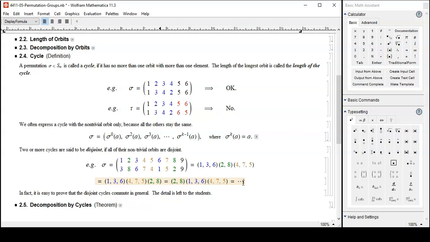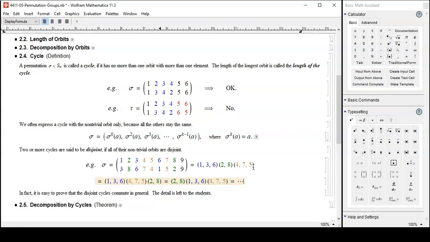Yeah, we discussed those. Now what we are going to do next is show that every permutation can be decomposed as a product of disjoint cycles. And not only that, that decomposition is unique. Of course, order doesn't matter because disjoint cycles are commutative. So just selection.